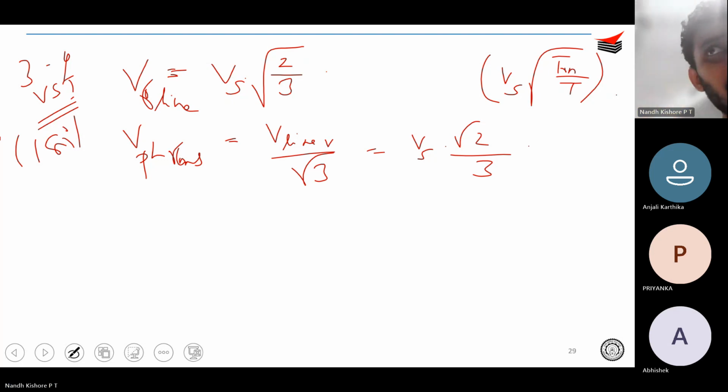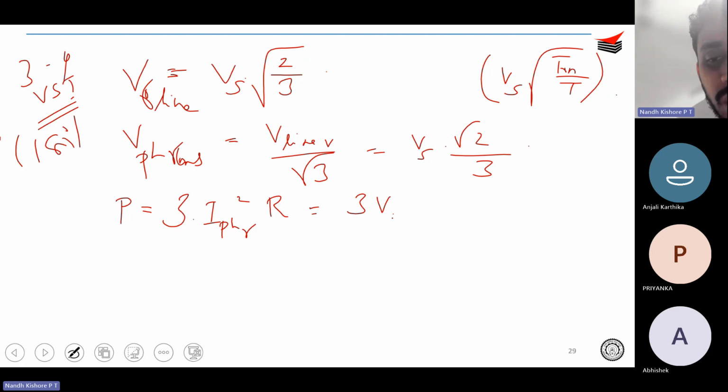So what is the power delivered to the load? Because it is three phase, it is going to be 3 into I phase square RMS into R. Or you can also write 3 V phase RMS into I phase RMS, cos phi is 1 obviously.